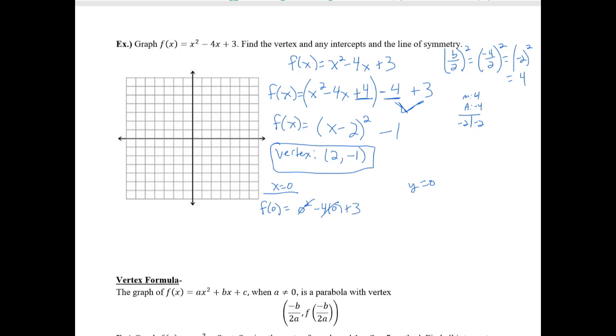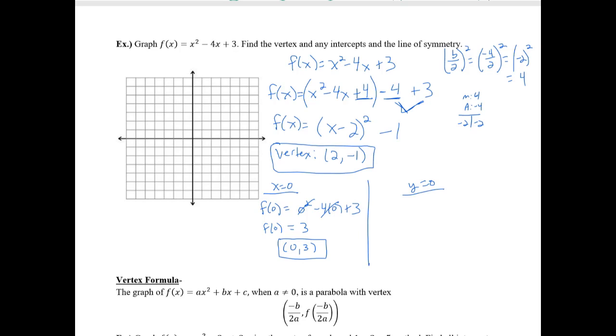And that leaves us with f of 0 equals positive 3. So that is the point 0, 3. So that is our y-intercept.